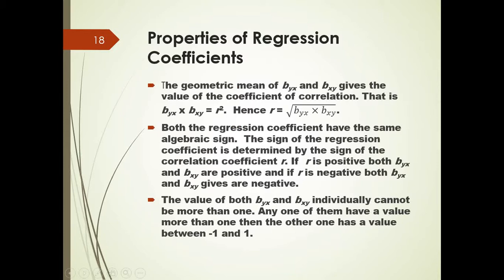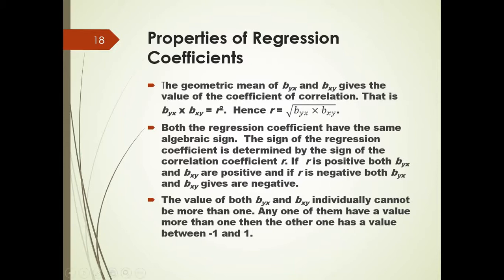One thing to be remembered is that r is a signed one. r may take a positive value or a negative value. To find out whether r is positive or negative depends on the values of byx and bxy.